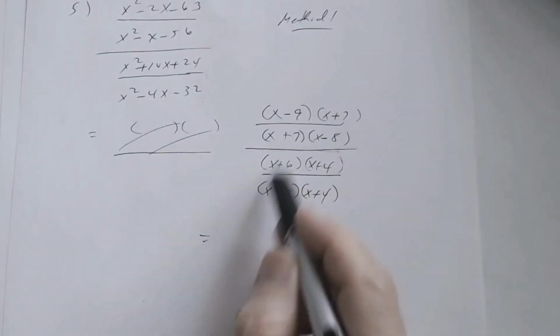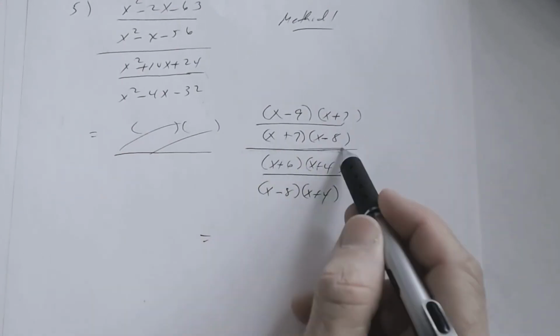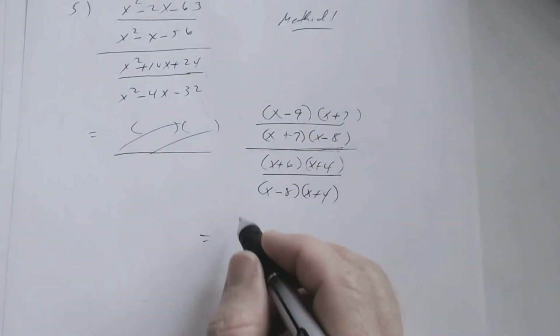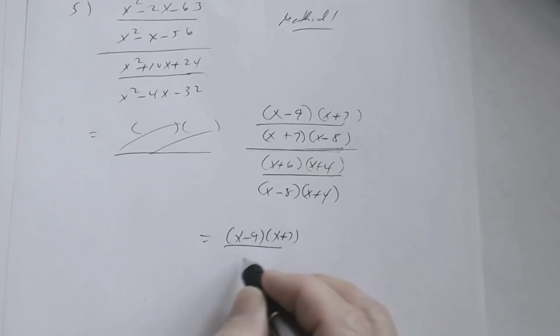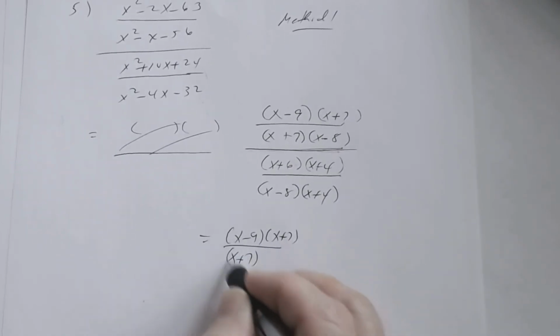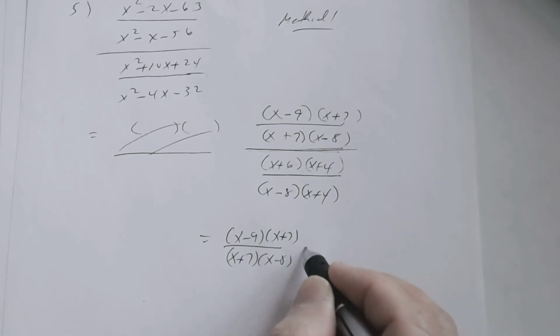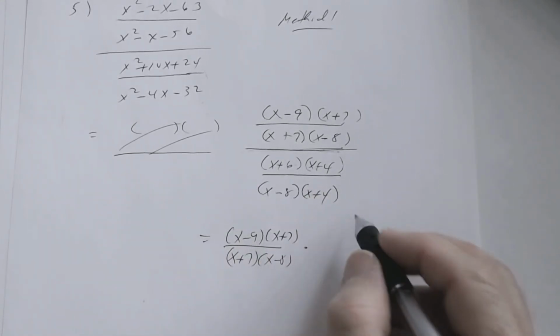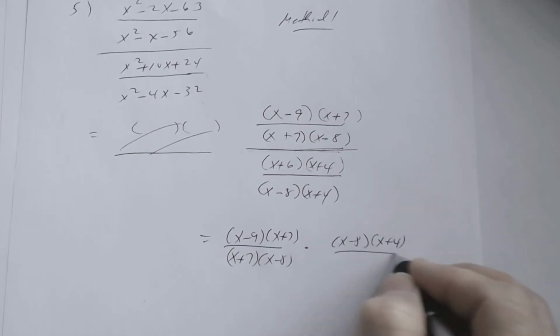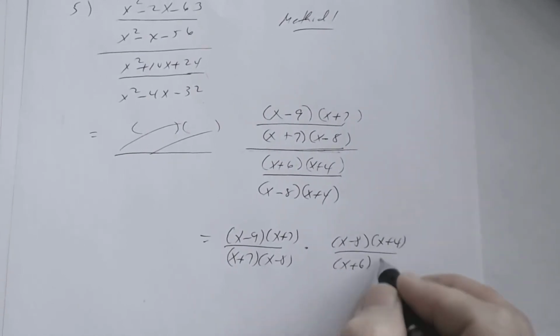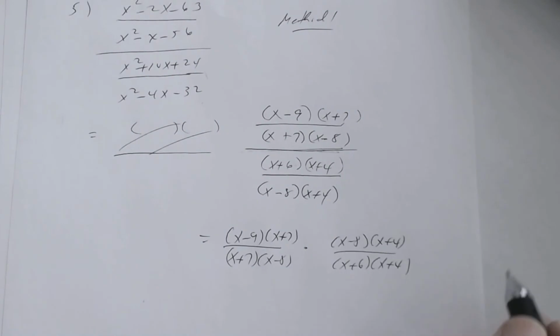This becomes the numerator times the reciprocal of the denominator. So I get x minus 9 times x plus 7 divided by x plus 7 times x minus 8, times the reciprocal of this, so it'll be x minus 8, x plus 4 divided by x plus 6, x plus 4. And now let's reduce.